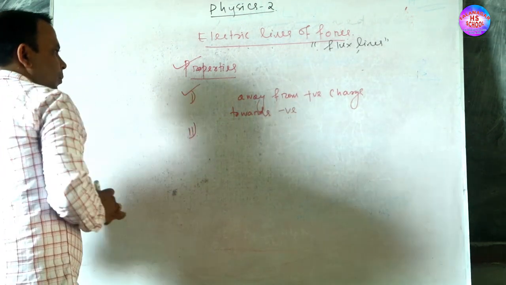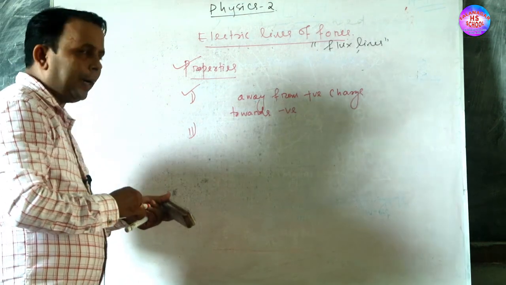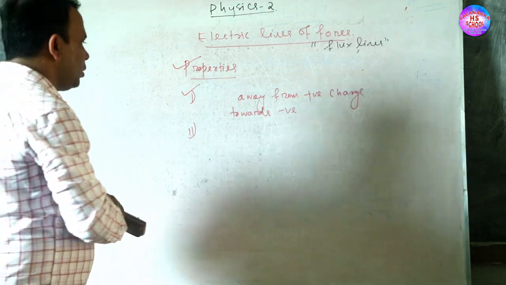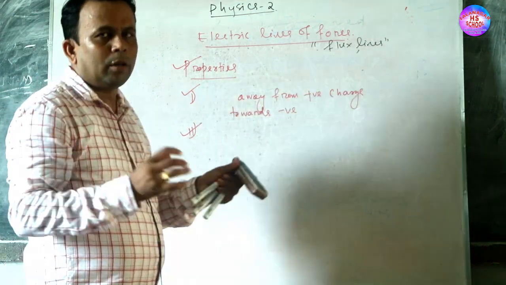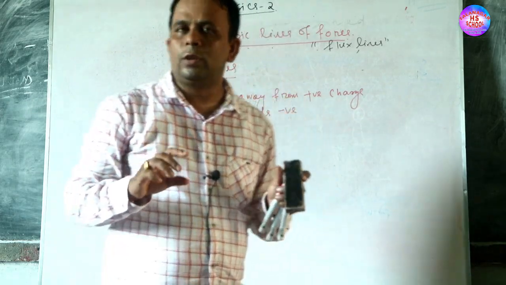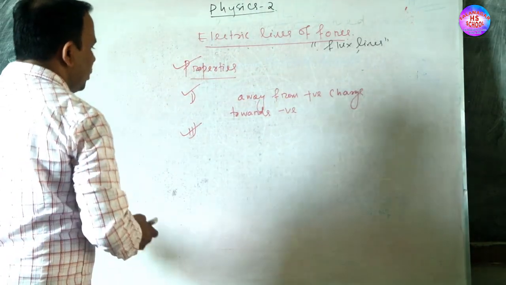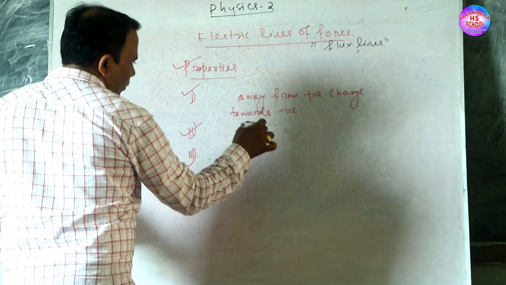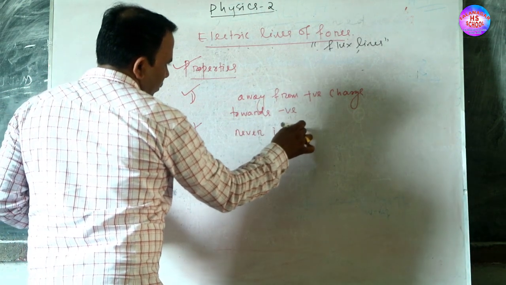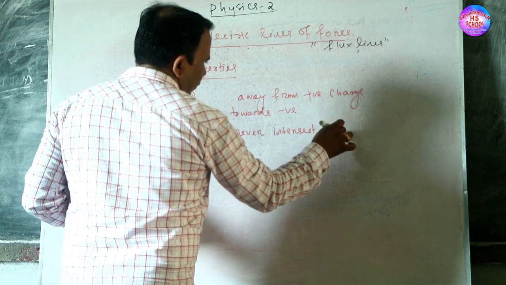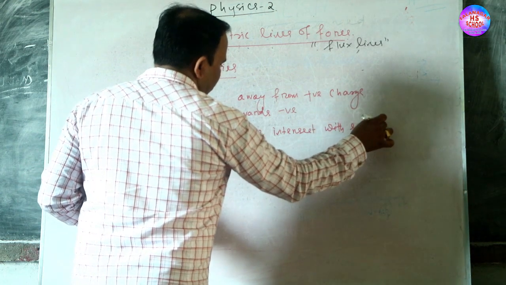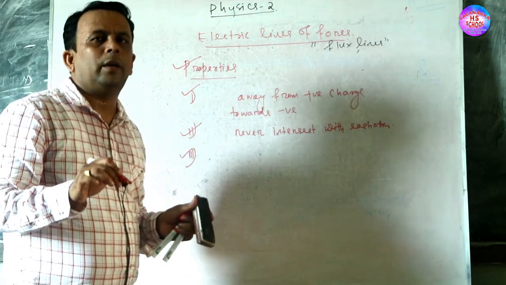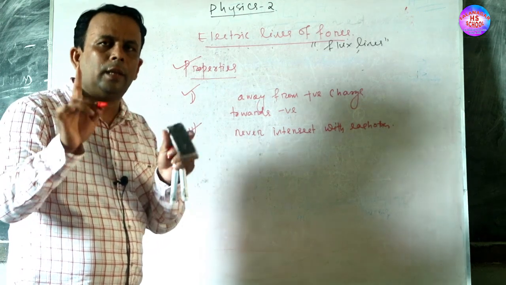Second, electric lines of force never intersect with each other. Electric lines of force never cross or meet each other. Then third, the tangent drawn at any point on the curved line gives the direction of electric field intensity at that point.